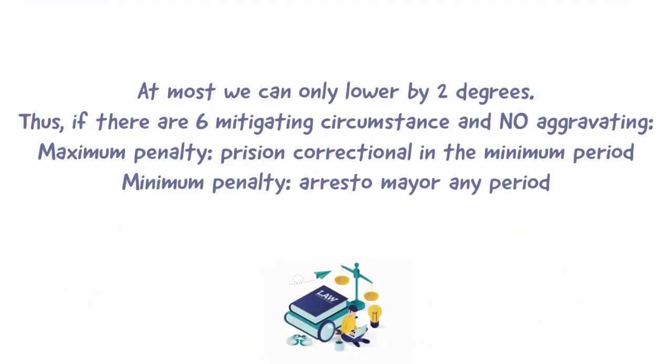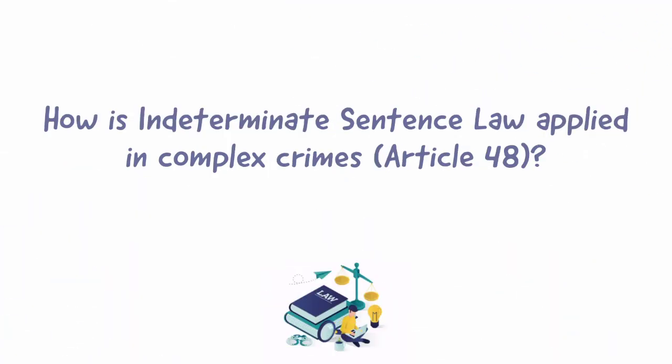At most we can only lower by 2 degrees. Thus, if there are 6 mitigating circumstances and no aggravating, maximum penalty, prison correctional in the minimum period, minimum penalty, arresto mayor any period.